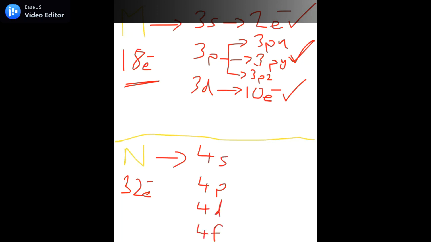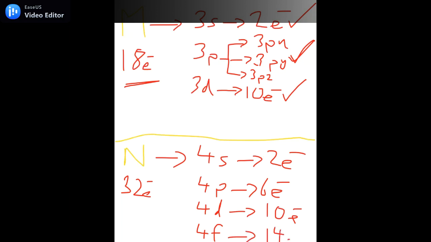Again, 4s has 2 electrons. 4p has 6 electrons, which are contained in 3 orbitals: 4px, 4py, and 4pz. And then 4d has 10 electrons, and 4f has 14 electrons.